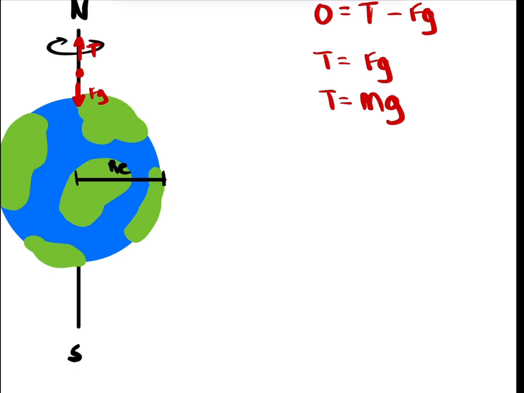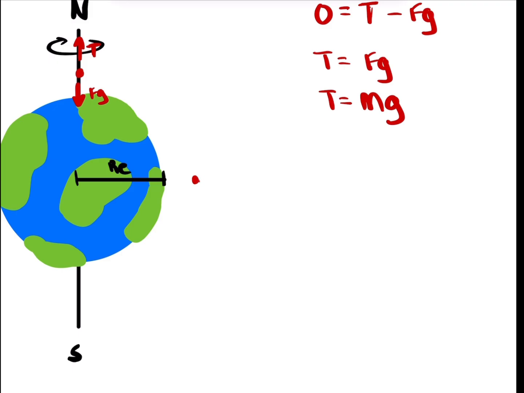Now, when Sneezy is on the equator, he is a certain radius, the radius of the Earth, away from the Earth's axis of rotation, which means that he is going to experience circular motion, which means that we need to include the centrifugal force in our free body diagram.